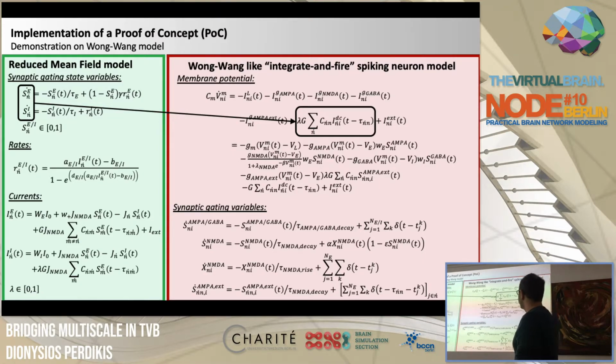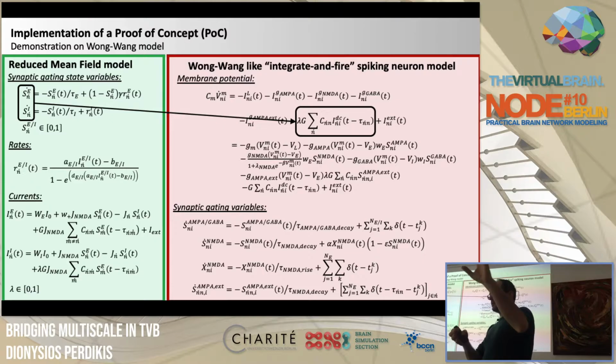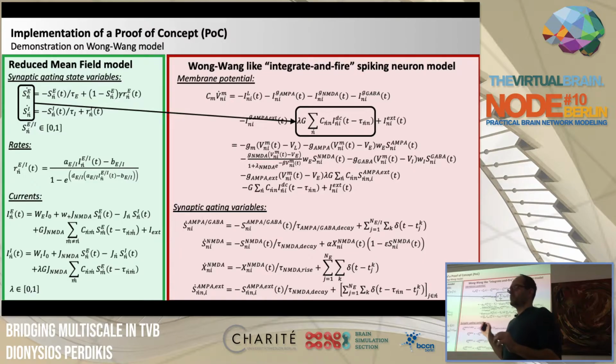And this is what I show you here. I'm going to show you in more detail how we multiply this with a constant, and it becomes a current. Then inside NEST, there are devices that can stimulate the neurons. They can generate currents. And we drive those devices with the activity of the synaptic gating variables of TVB. And those devices then send currents to all neurons. I'm going to show you how.